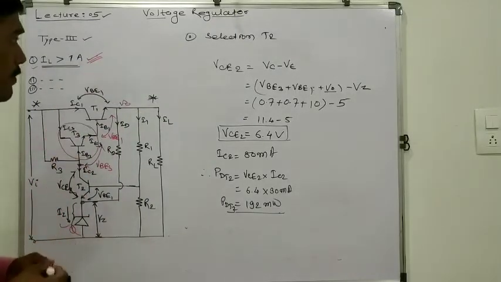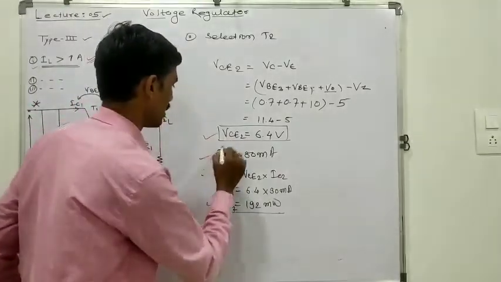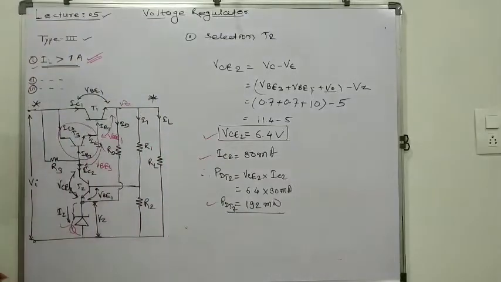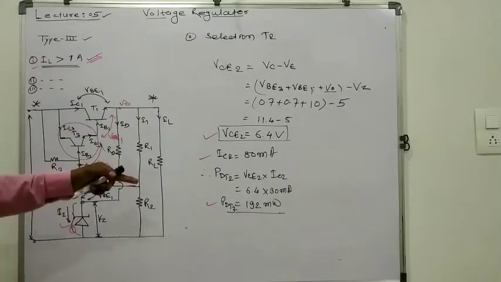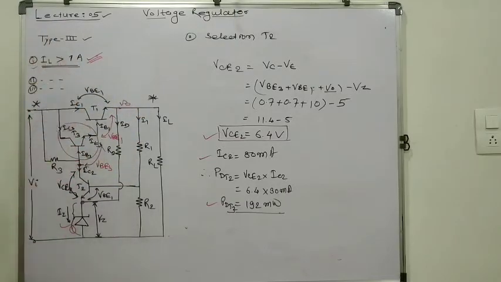So from the above data, by VCE, power dissipation and current, we have to select a transistor T2 with the above specification. IC2 must be greater than 30 milliampere, so we select IC2 as 60 milliampere.